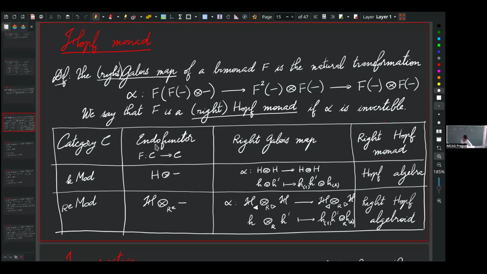I think in general it will recover the notion of a Hopf monoid if we assume that the category C is braided monoidal. Okay, thank you.